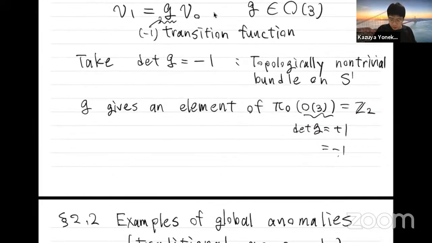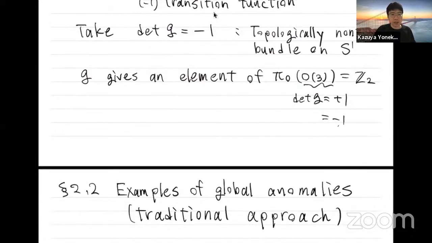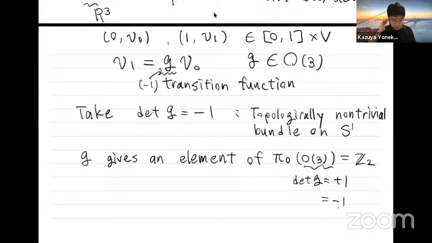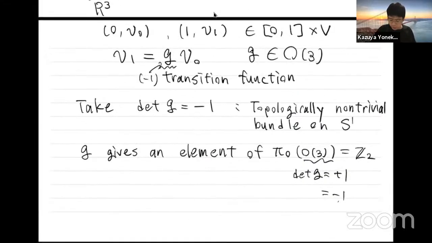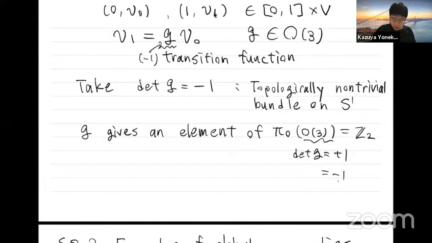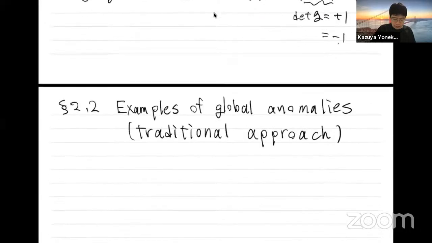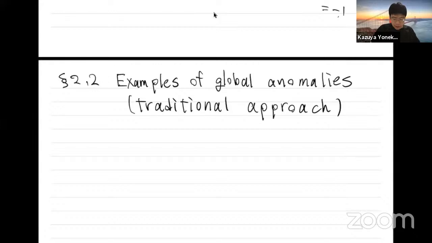So the homotopy group of this O3 is again non-trivial. And I will use this fact later in my discussion of global anomalies. Okay. So the important point was that the homotopy group pi 0 of this O3 and also the first homotopy group of SO3 are non-trivial.